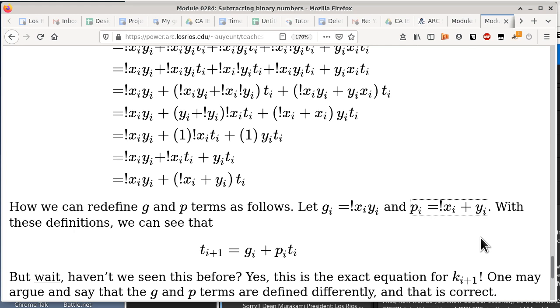The circuitry to compute k and to compute t are identical, so you can reuse the complex part of carry look ahead. The only part you cannot easily reuse is how you come up with the p's and the g's, and the only difference is you have to negate x first for subtraction. That's it.